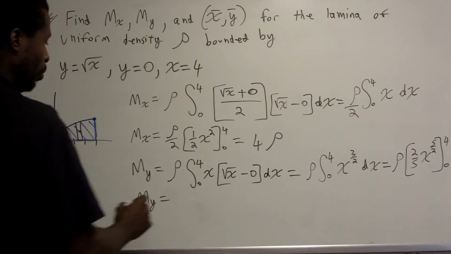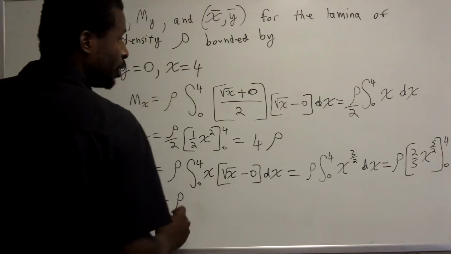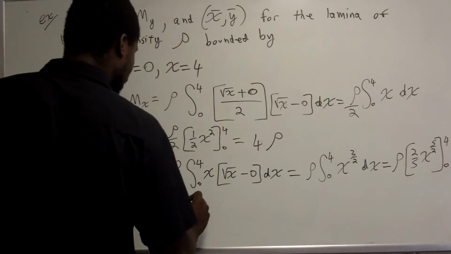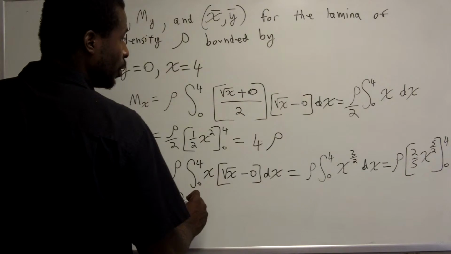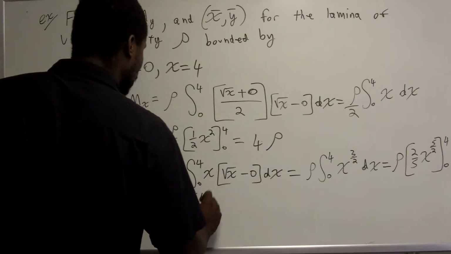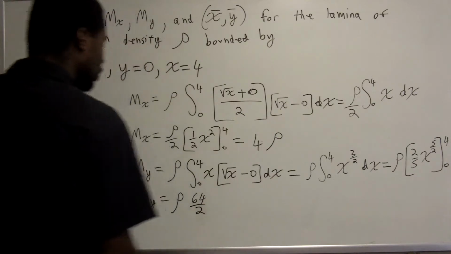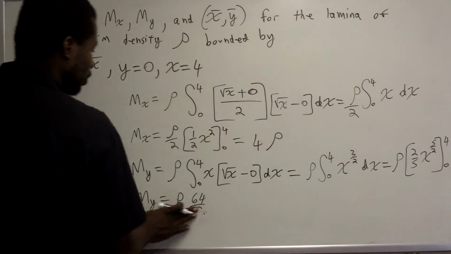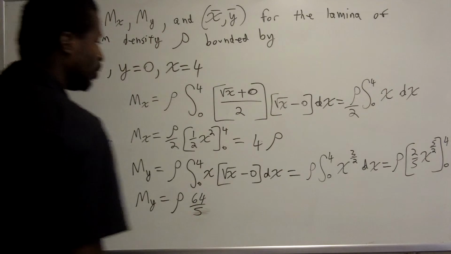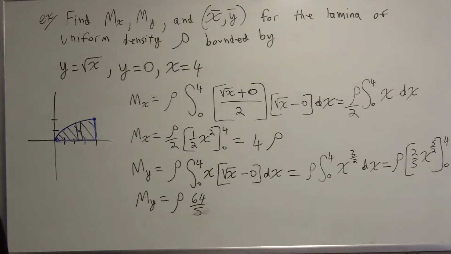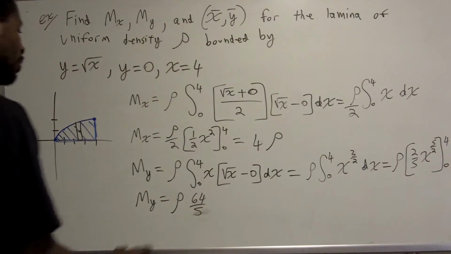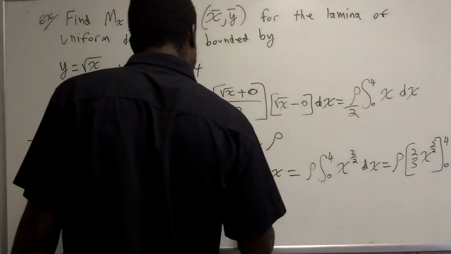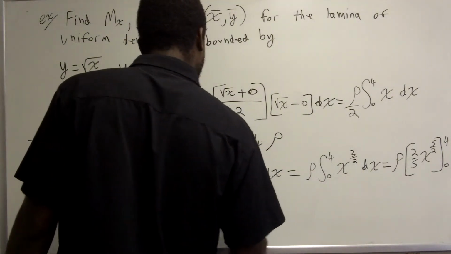So I have rho times 2/5 of 32, which is 64 over 5. So that is equal to 64 rho over 5.